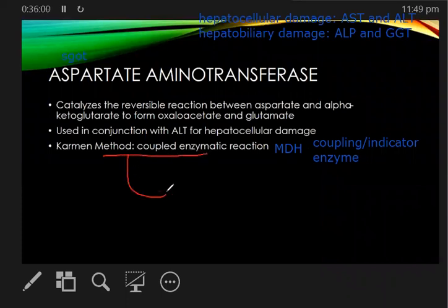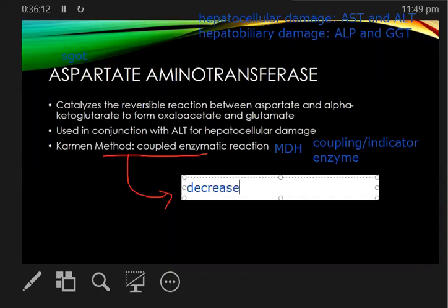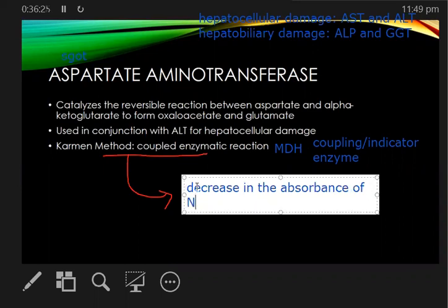What is the principle behind your Carmen method? In the Carmen method, what we are trying to measure is the decrease in the absorbance of your NADH. This is the reason why I usually give generalization so that you don't necessarily have to memorize everything.